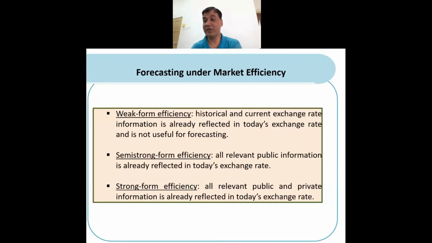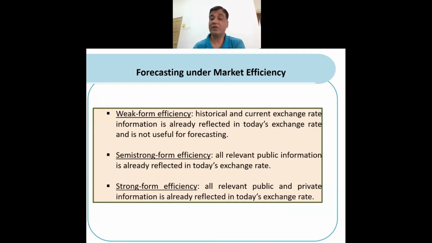Say, for example, every country is now afraid of Omicron, the latest COVID variant. Many countries are being barred. I think Malaysia has already barred 12 countries, and a few more could be added to the list. So when that information goes to the market, definitely the exchange rate will be affected. It may appreciate or depreciate depending on many other factors also. So market efficiency is very important.